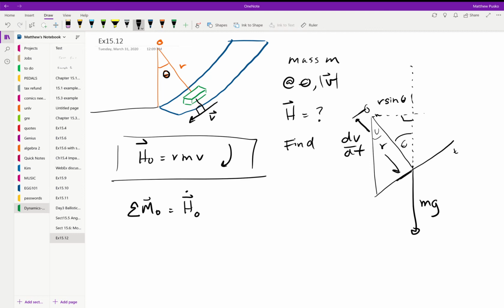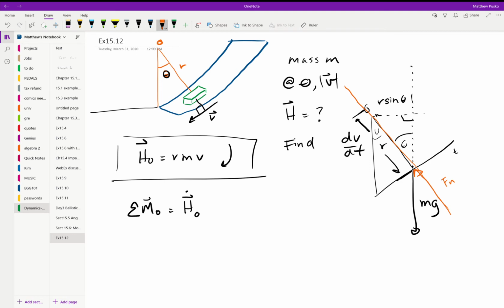Alright, we do have a normal force acting on this. I'm going to draw it because it is a free body diagram. But if you remember from statics, if a force acts through the point we're talking about, O, then it provides no moment. So we're not going to use it.